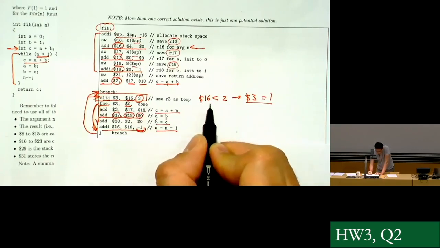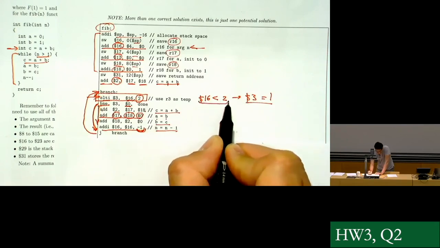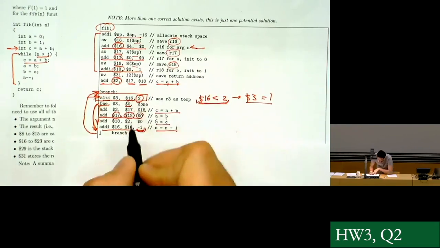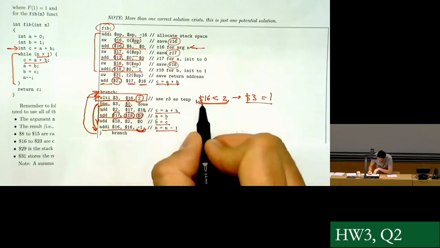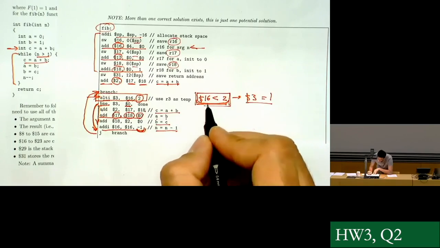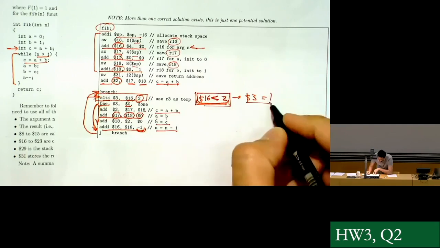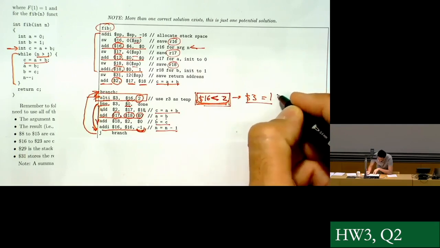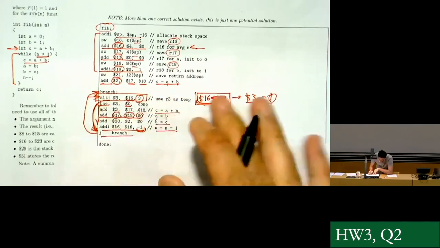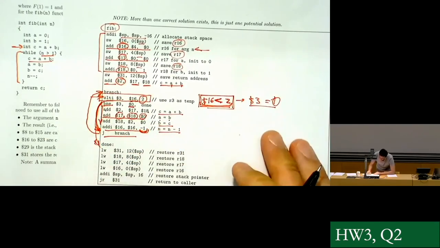When 16 contains n, when 16 is lower than 2, then this will be 0, and then here we will take the branch and we will jump down here, and we will finish the loop.